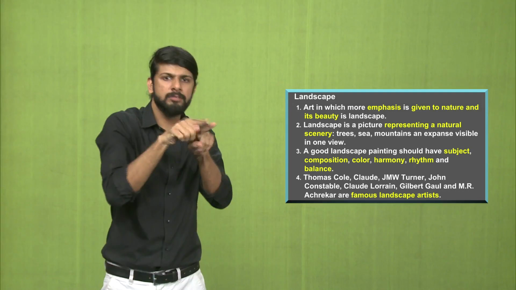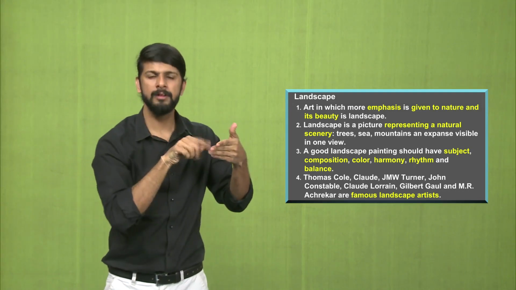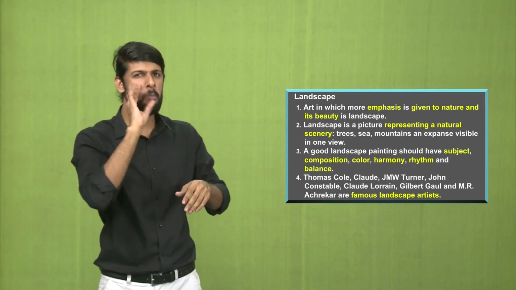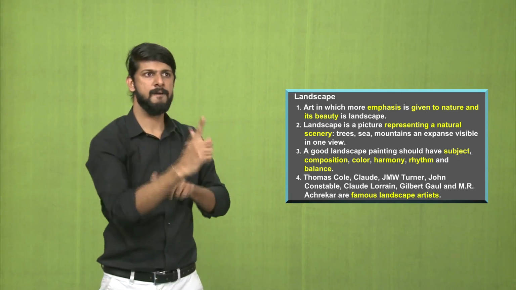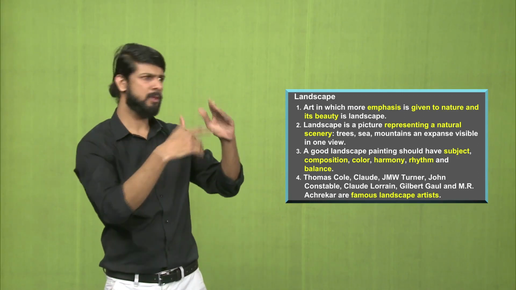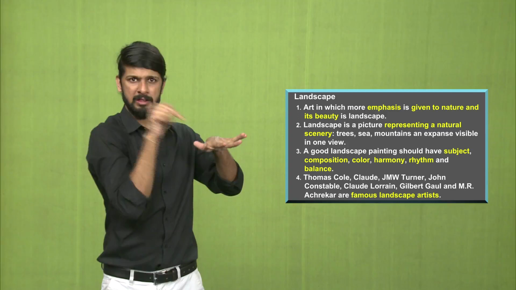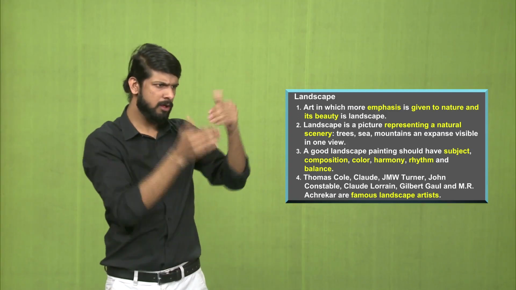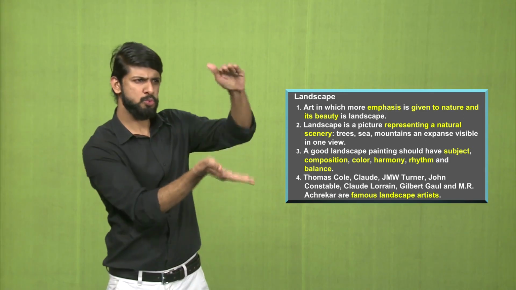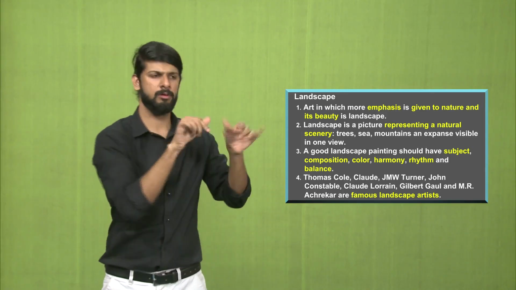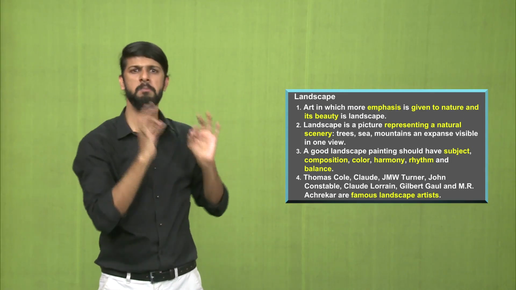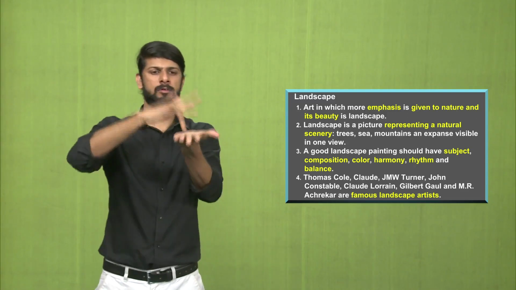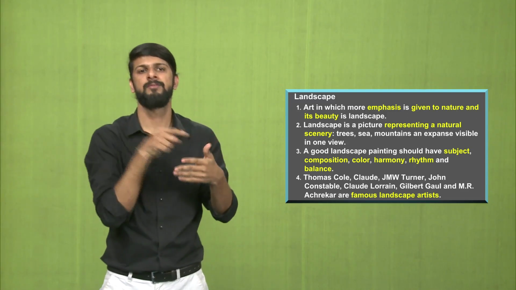For example, trees, they tend to have rhythm, the plants, the greenery. Then the balance, that is the size, the shape, the length, width, and these are the things which a good landscape painting must have.